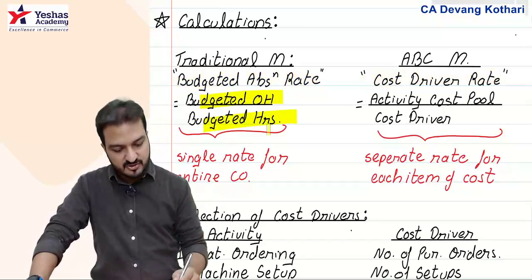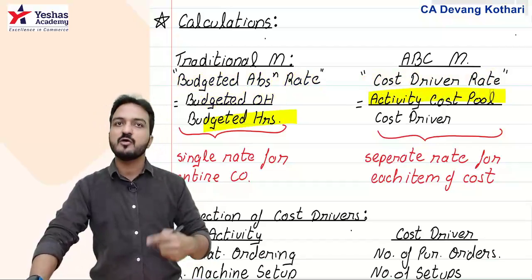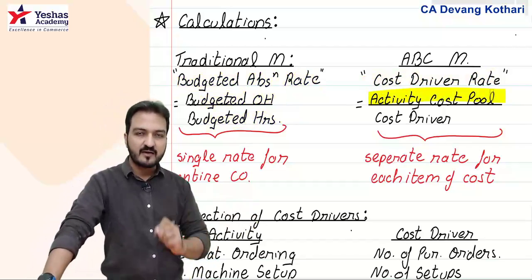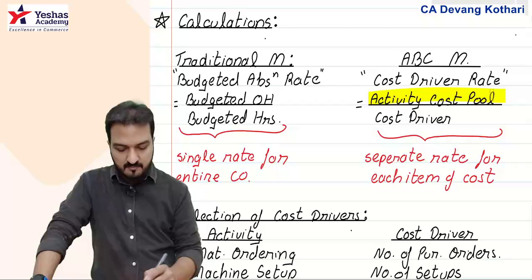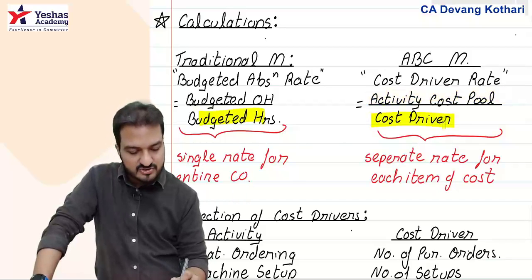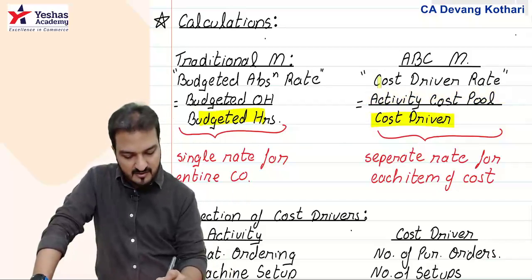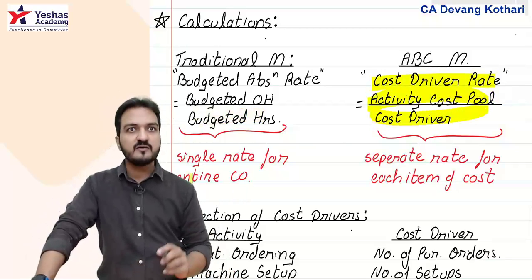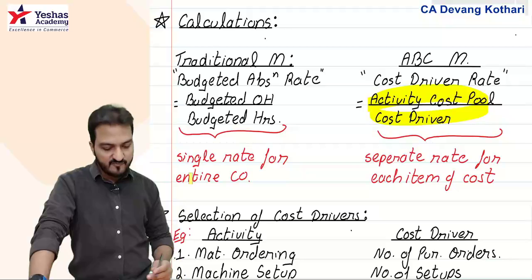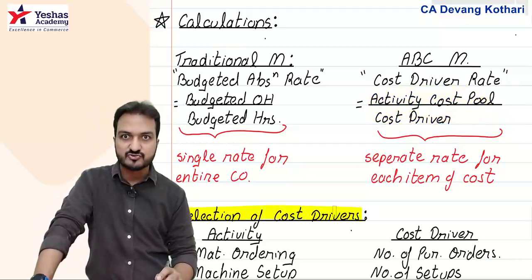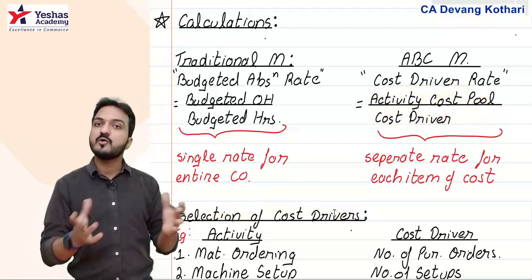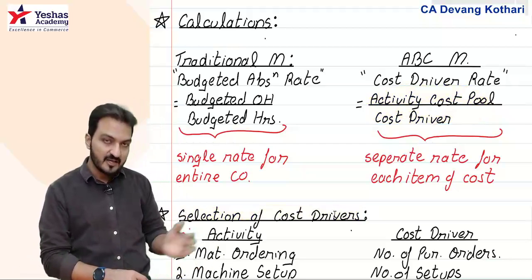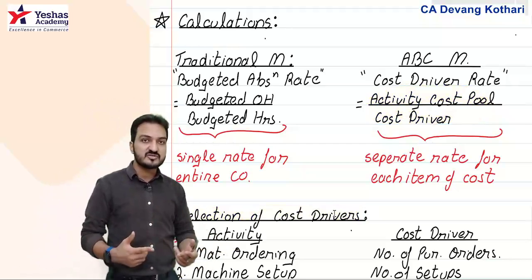This time the budgeted overheads will be activity wise, so we call that the activity cost pool, and the base is now called the cost driver. So my formula becomes: cost driver rate is equal to the activity cost pool divided by the cost driver. Then we discussed various examples of cost driver, that in which kind of activity what would be the cost driver. Yes, we'll practice that in the calculations that we do today.